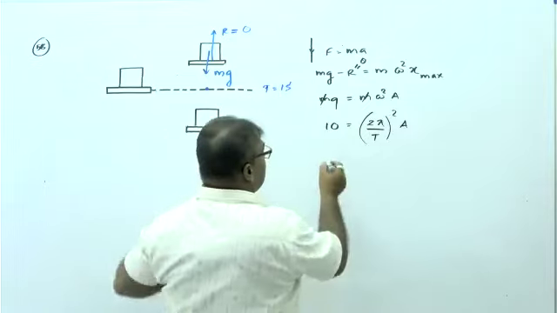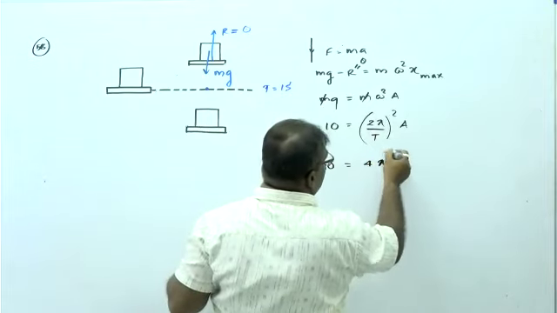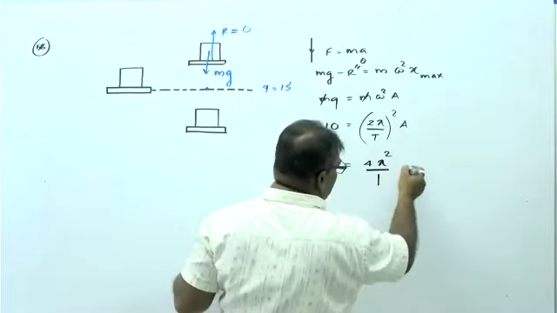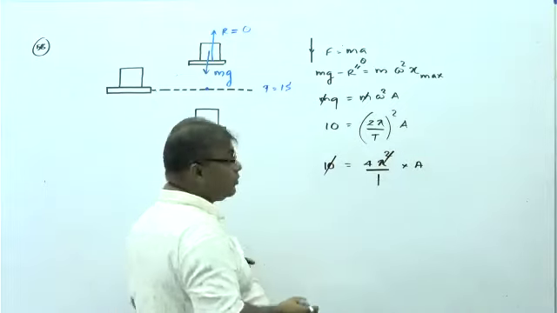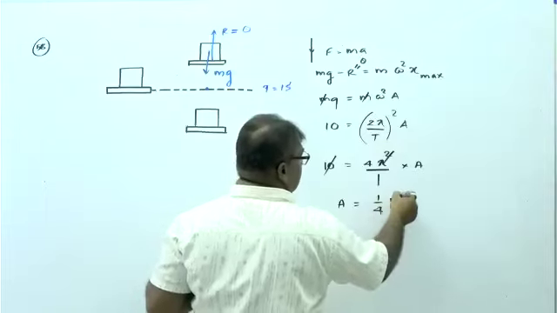You can find A now. 10 equals 4 pi squared over 1 squared, which is 1, times A. Pi squared is 10, you can cancel it off, no matter. A becomes 1/4 of a meter.